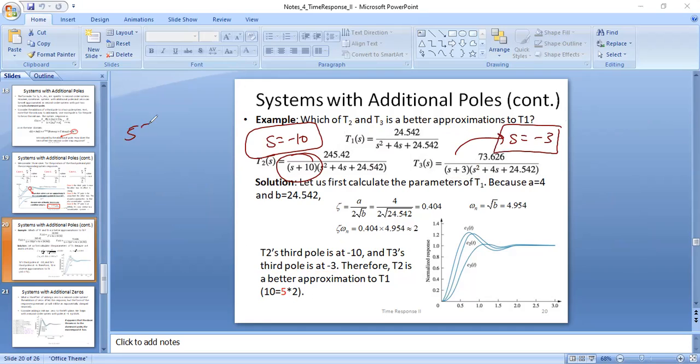If you find 5 zeta omega n, you get 10. So what did I tell you? If it is your pole and this is an additional pole, and the distance between them is greater than or equal to 5 zeta omega n, then you will say that this pole is nothing but an ordinary pole.